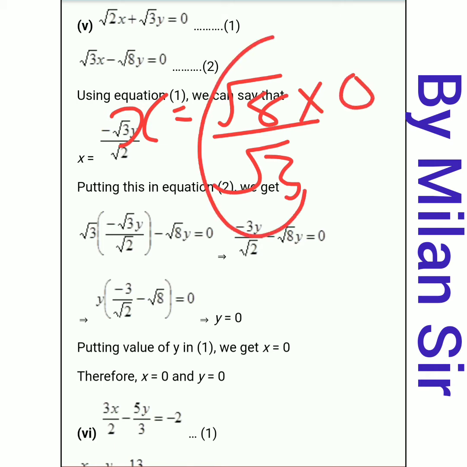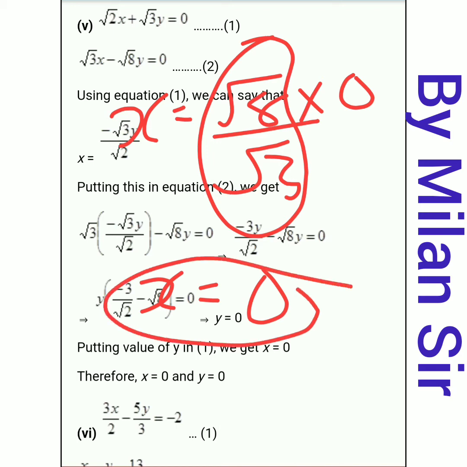Now if this value is multiplied with 0, it becomes 0, because any number, if we multiply with 0, our answer is 0. So our y is equal to 0 and x is equal to 0. This is the solution of this equation. Our x = 0 and y = 0.